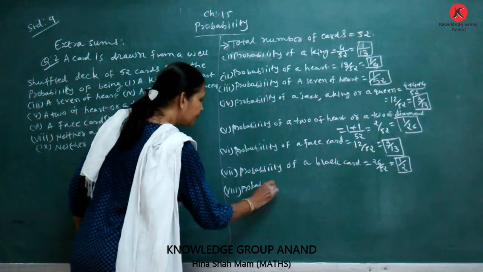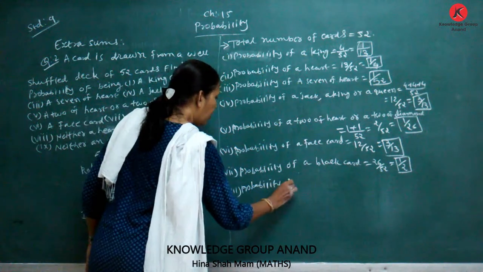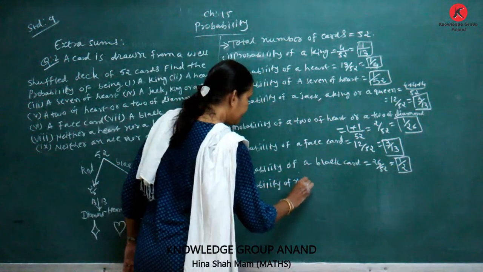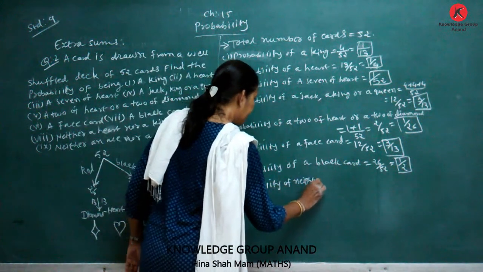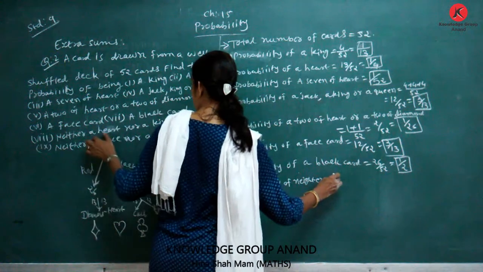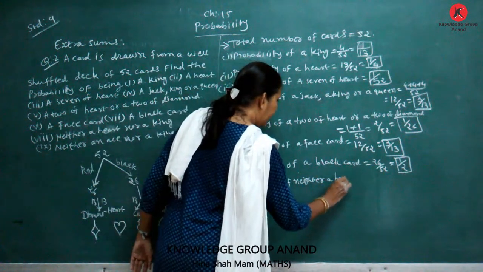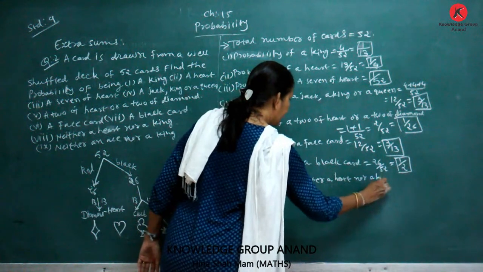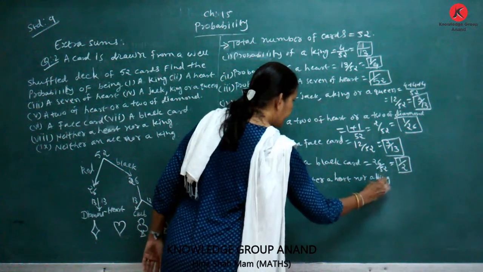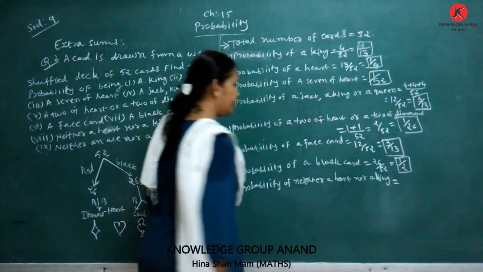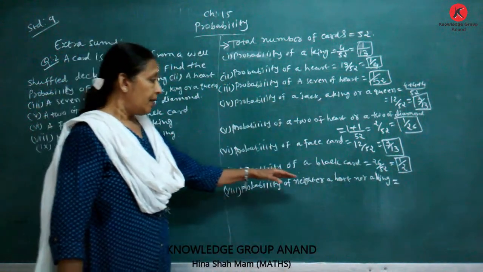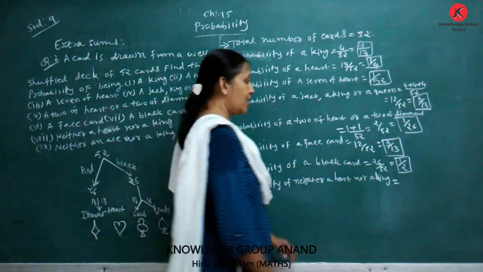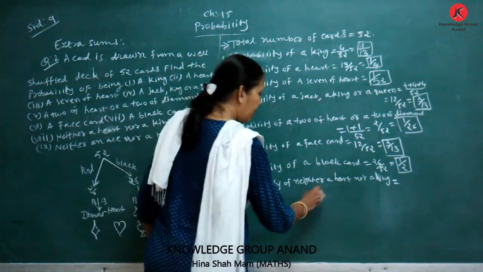Probability of neither a king nor a heart is equal to neither a king nor a heart.